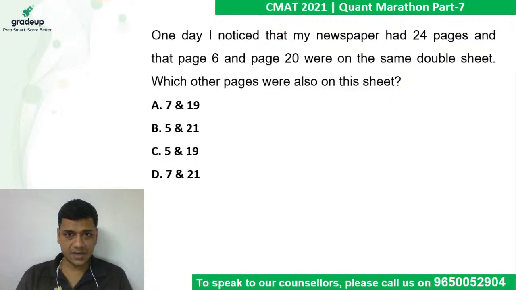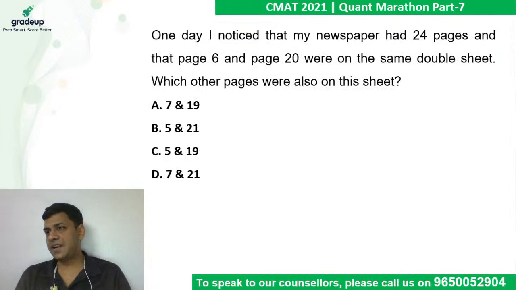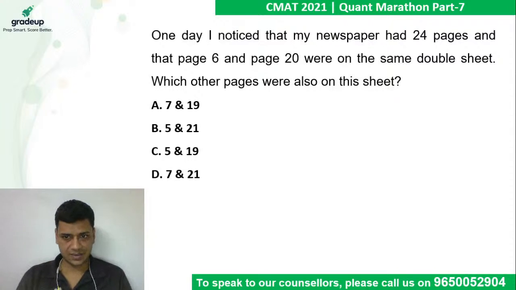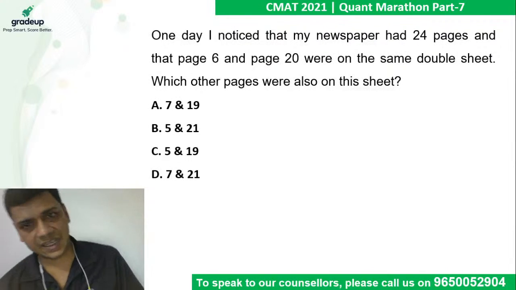Yes, guys, what's the answer? Simran feels answer is C. Tahir also feels answer is C, which is 5 and 19. What about others? Shan feels answer is A, 7 and 19.